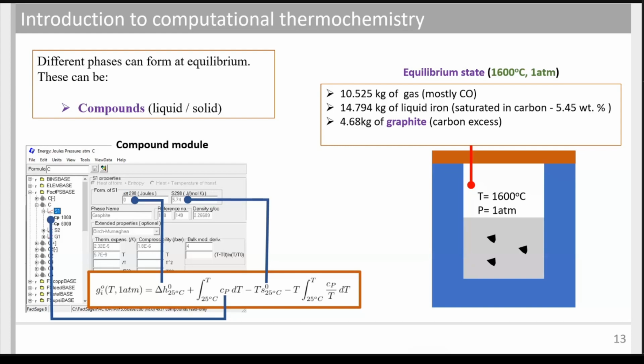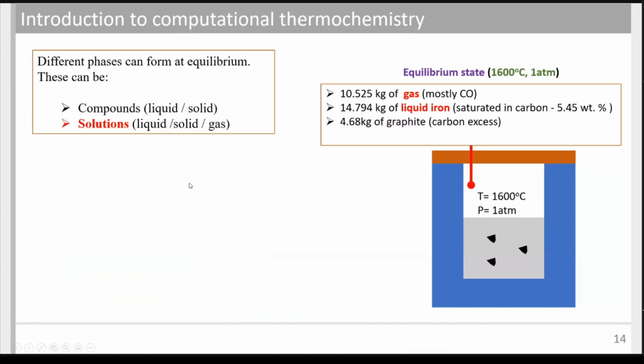This doesn't really apply in this case because it's a pure species. But for intermetallics or oxides, we can try to estimate these properties using the Köppen-Neumann rule, for example. So the compound module is the module that you want to use if you were to add a compound to a customized database, or if you want to look at the specific thermochemical properties of a stoichiometric compound.